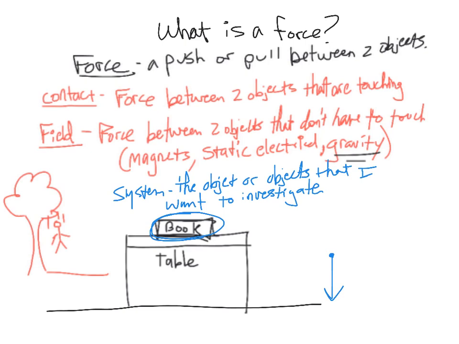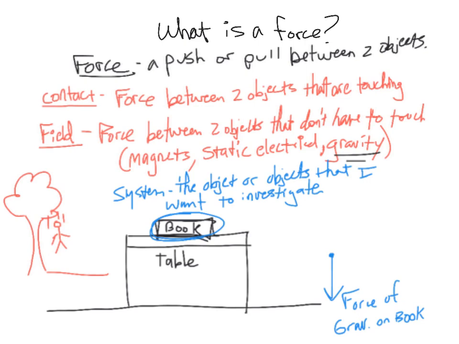We name our forces. Force of gravity on book. I didn't write the whole word gravity out. I was going to run out of space. So, force of gravity on book.